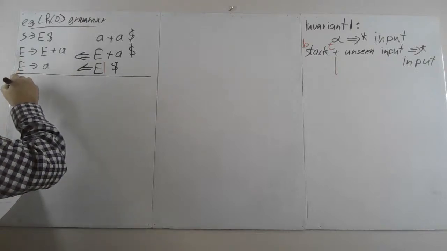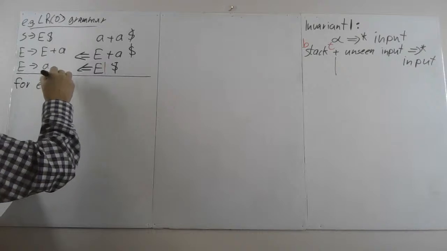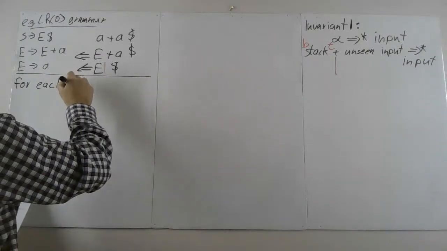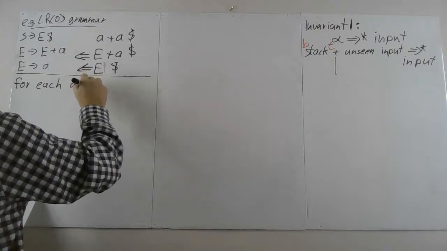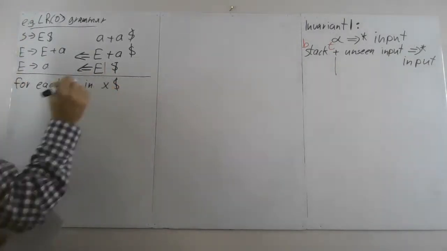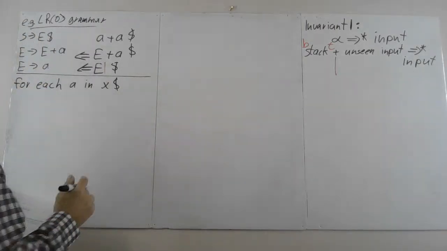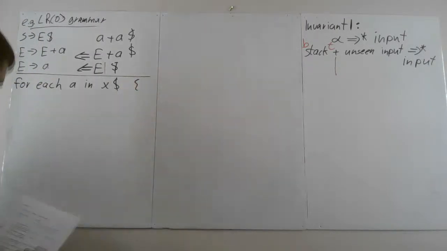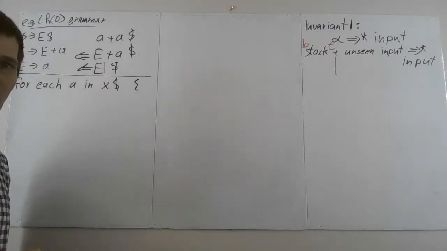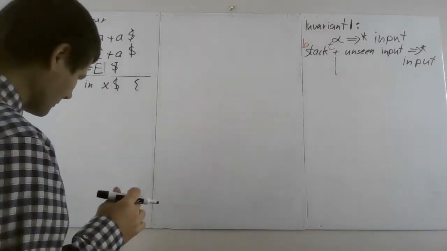So what we're going to do is look through the input from left to right, so for each A in X $. Once again, I'm assuming X is our input string. We're either going to shift or we're going to reduce.